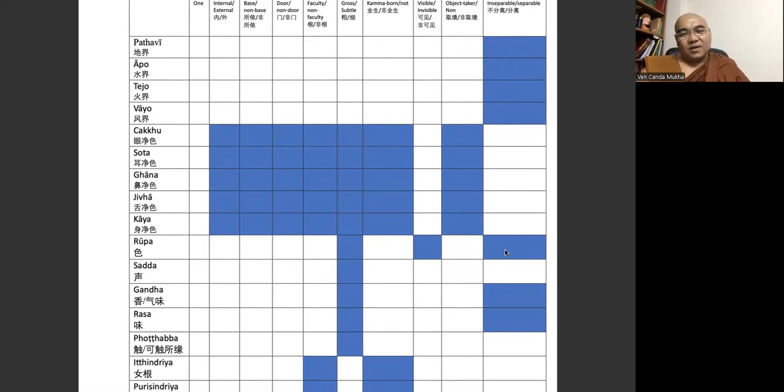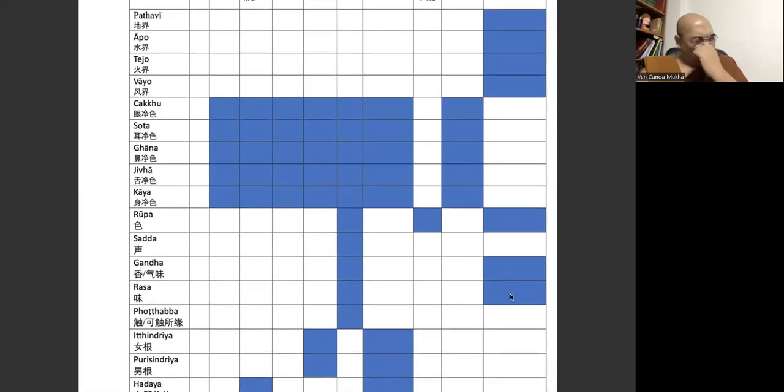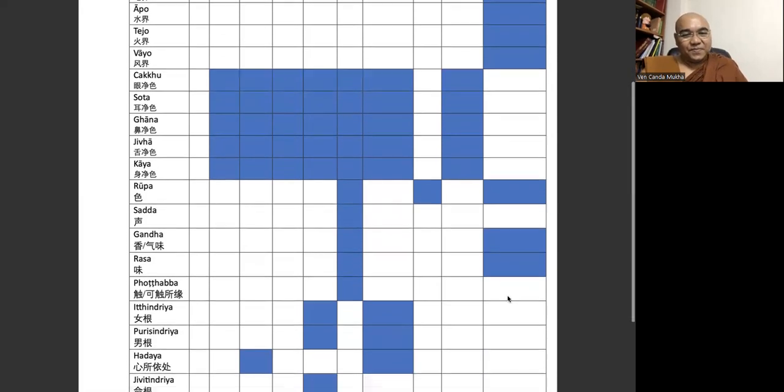And also Gandha, so whatever it may be, we can get a smell from that. And also Rasa. Rasa means taste. If we pick up and chew, then we can get a certain taste.